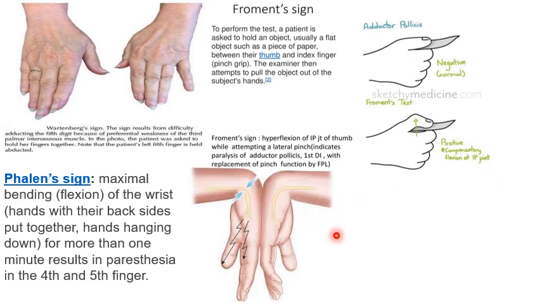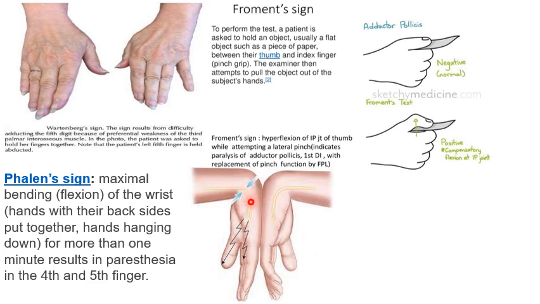And there's another test which is called as Phalen test, where the patient is asked to raise his hands to the shoulder level and flex the wrists and approximate the dorsum of both the hands and keep in the same position for about 30 to 60 seconds, that's 1 minute.